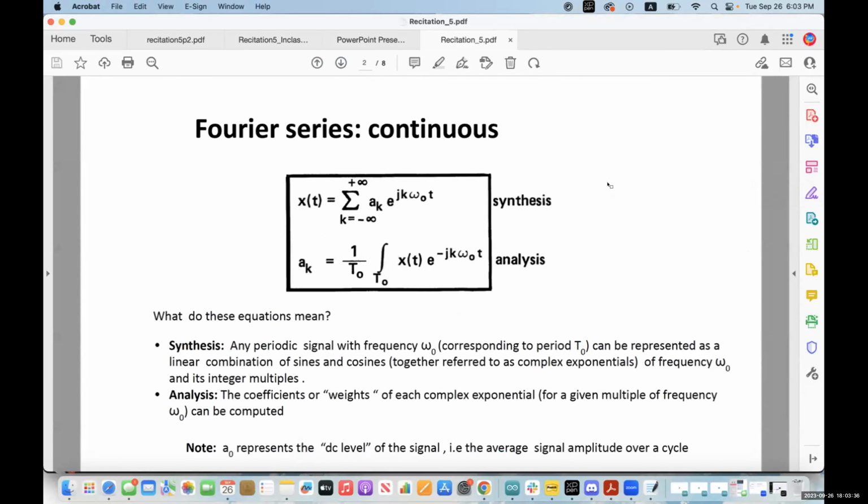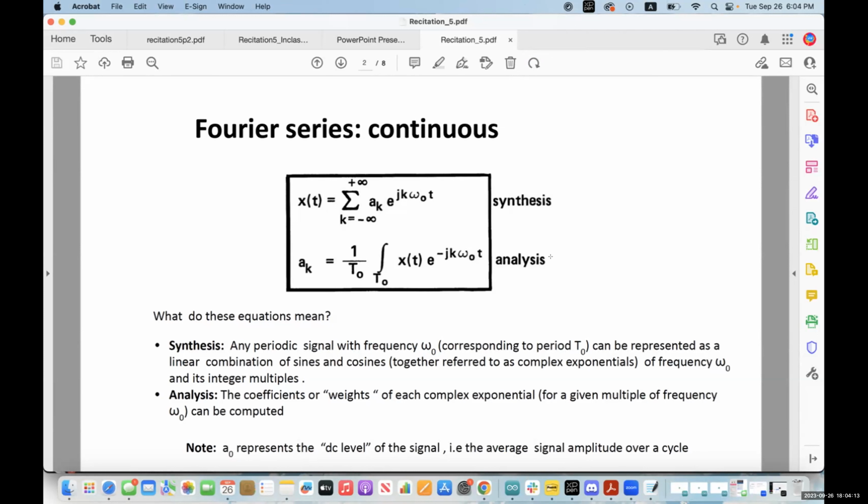The first equation, the synthesis equation, basically says that any periodic signal with frequency omega naught can be represented as a linear combination of sine and cosine of frequency omega naught and its integer multiples. So basically, any periodic signal can be decomposed into sine and cosine functions.